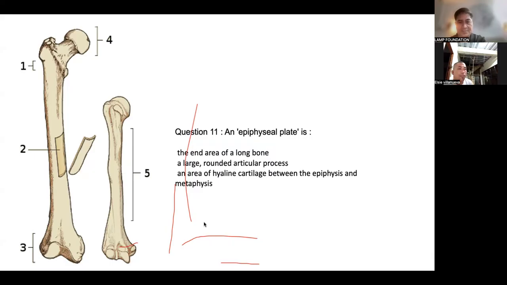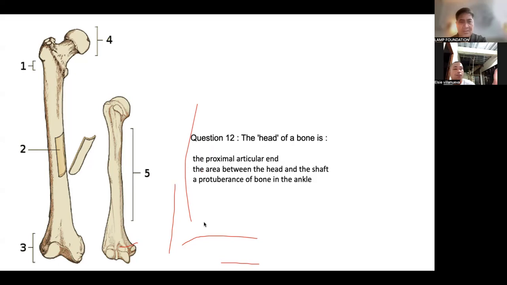Epiphyseal plate: an area of hyaline cartilage between the epiphysis and the metaphysis. The head of a bone: the proximal articular end.